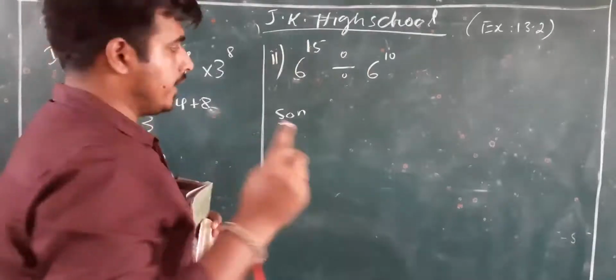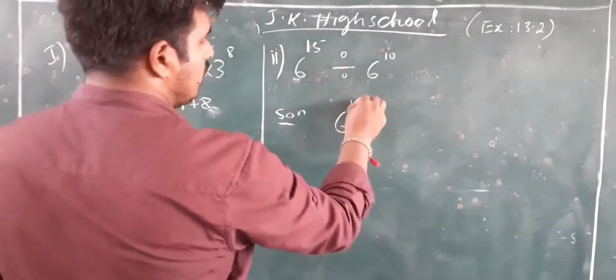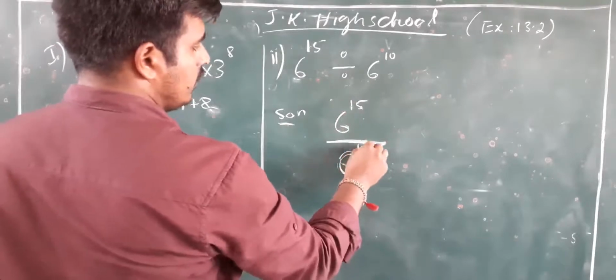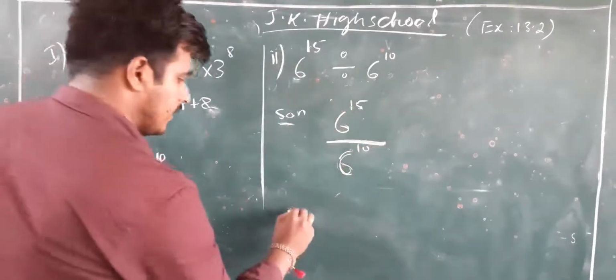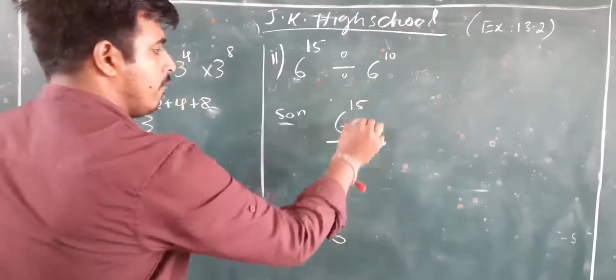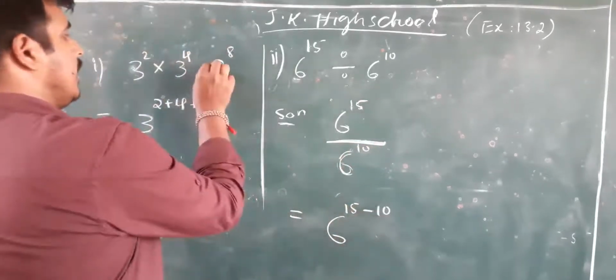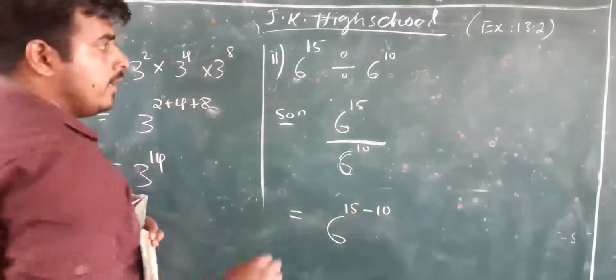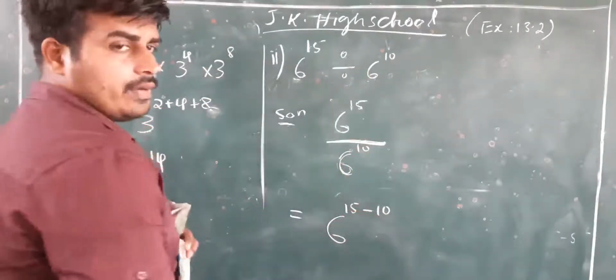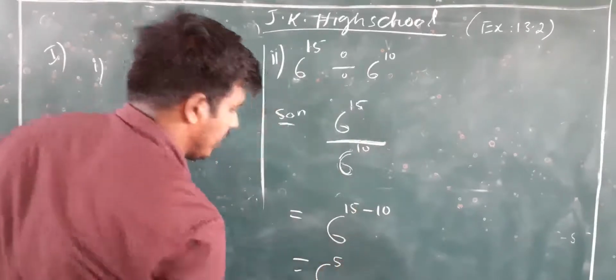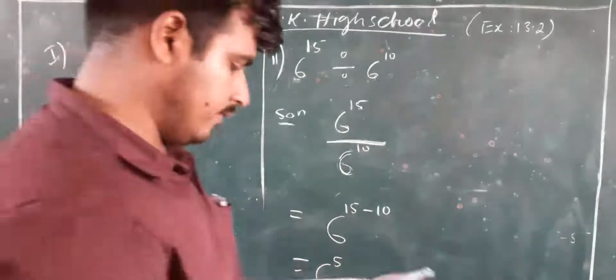Second law of exponent. In this case, what will happen? a raised to m minus n, that is 15 minus 10. Multiplication will become addition, division will become minus in the power. So answer is 6 raised to 5.